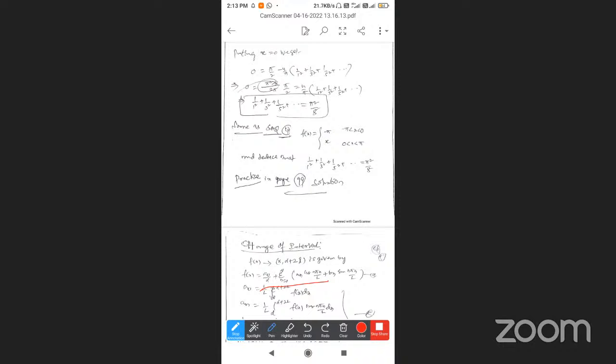Okay. Now again, a change of interval. Now the change of interval you can apply.